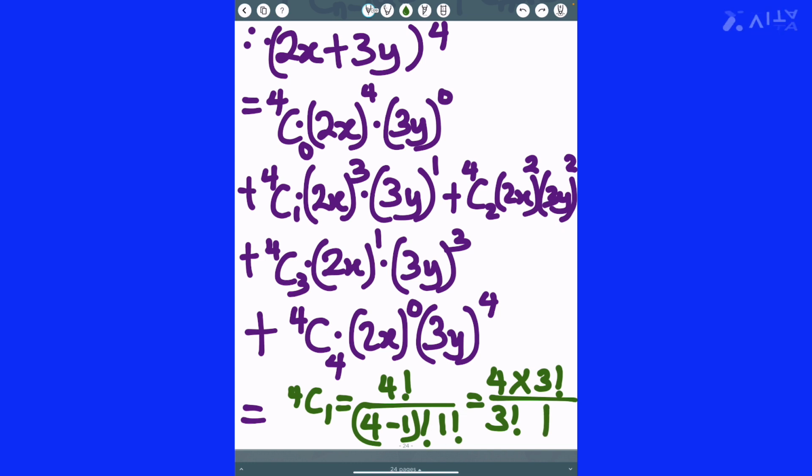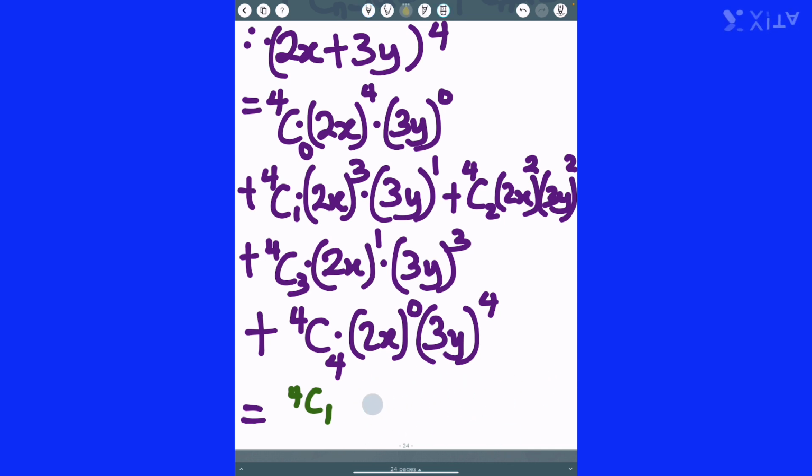If I divide 3 factorial by 3 factorial, I have 4 over 1 left, 4. So my constant for this place is 4.